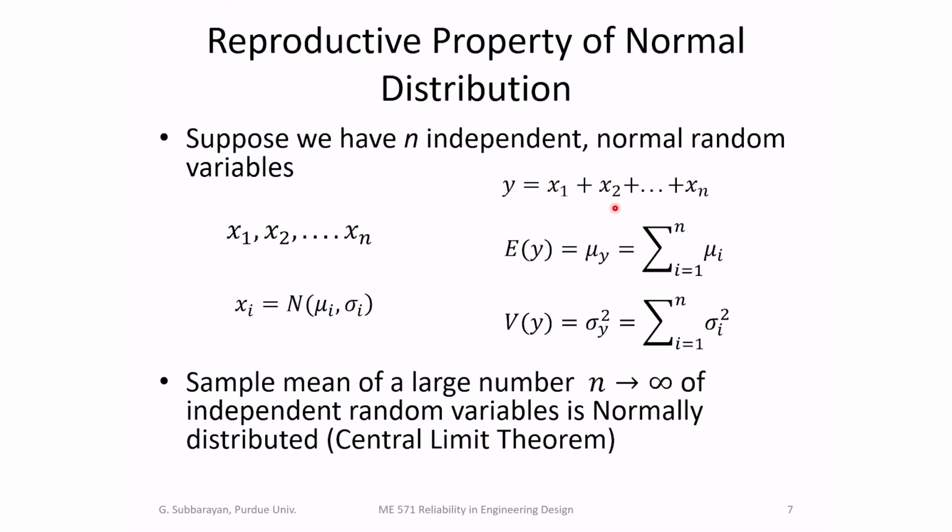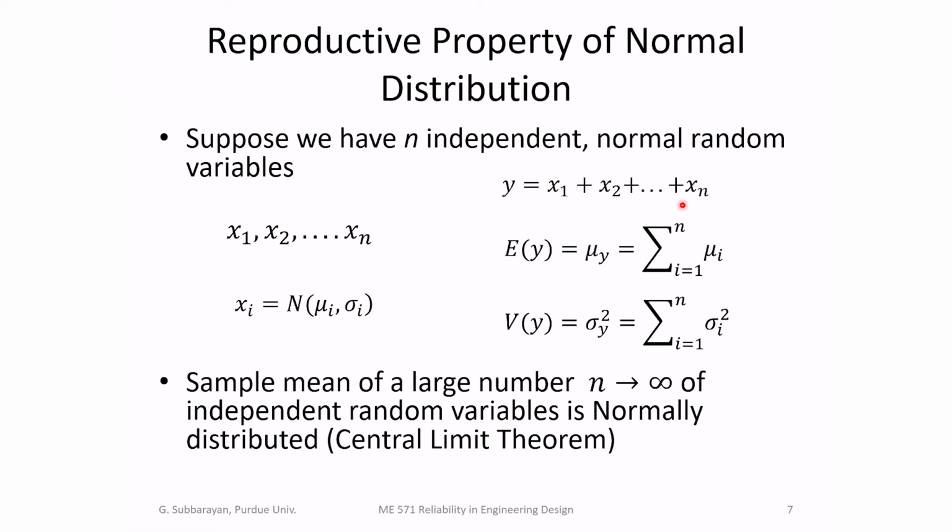Using our expectation and variance formulae, let's say y is x1 plus x2 and so on till xn. The expected value of y, let's call this mu sub y, is equal to the sum of mu i, because of our addition formula for expected quantities of independent quantities.